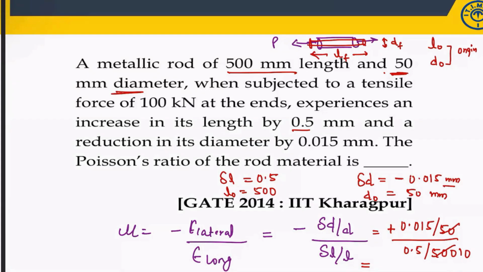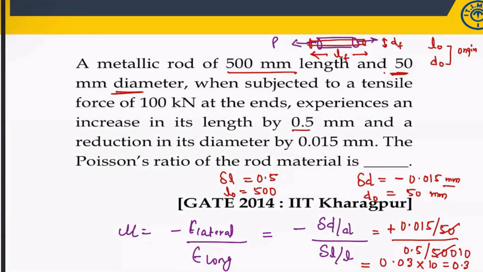What you have to calculate is Poisson's ratio. Once you solve, you will get the answer as 0.3, because this value is 0.03 and this 10 will come into the numerator and it will become 0.3, the Poisson's ratio. 0.03 into 10 is nothing but 0.3.